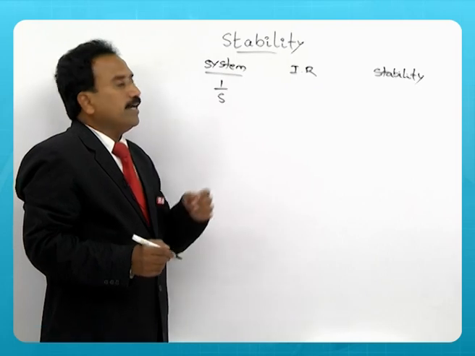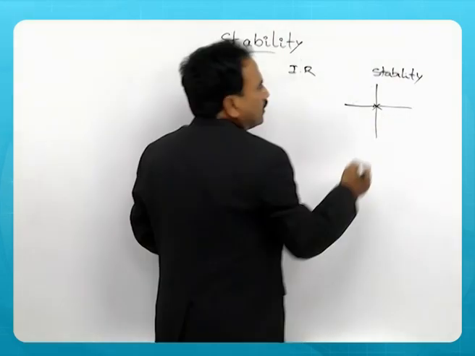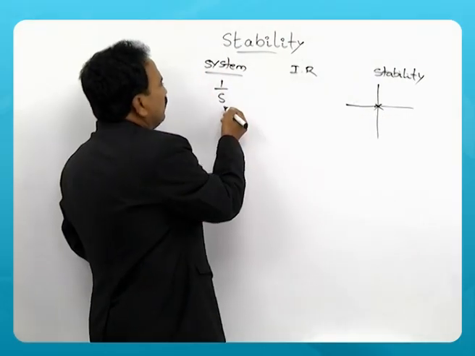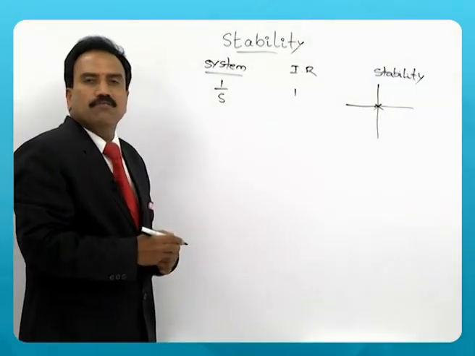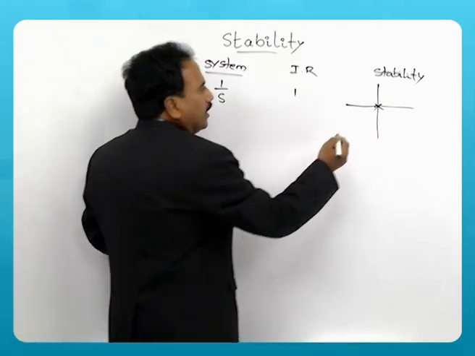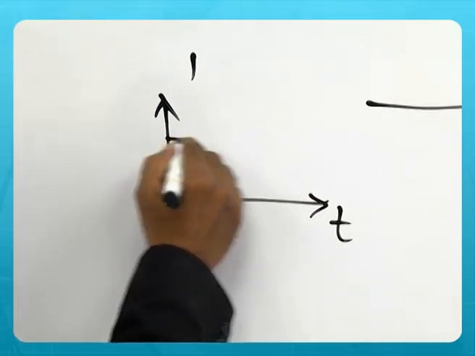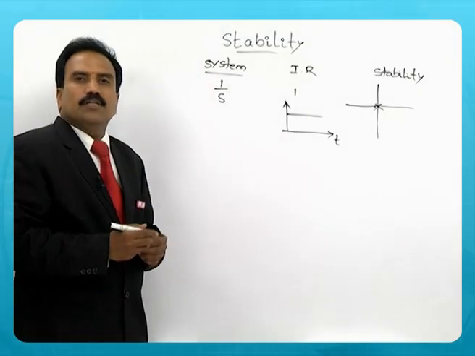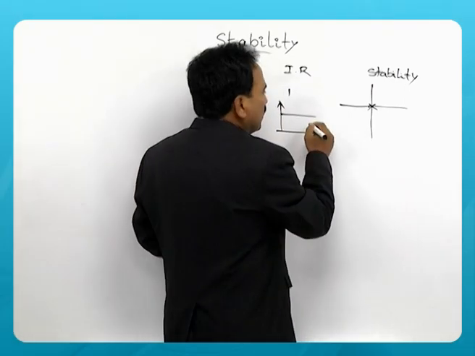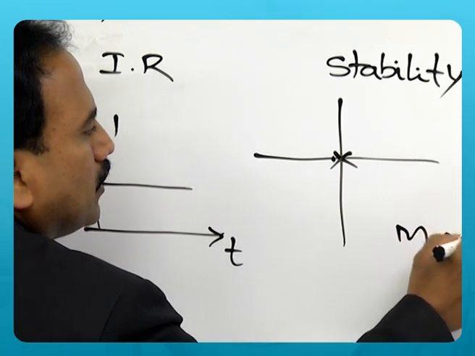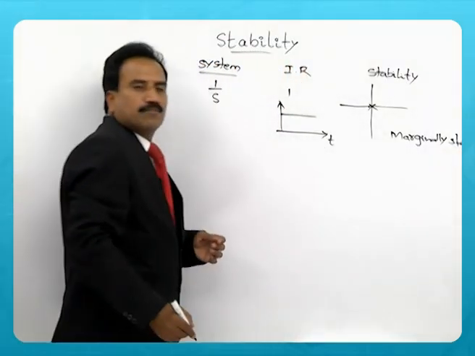There is one pole at the origin. If you see the impulse response of this, the Laplace inverse is 1, and this is the graph with respect to time, the output or response. So, we say that this is just stable, or marginally stable, when the pole is at the origin.